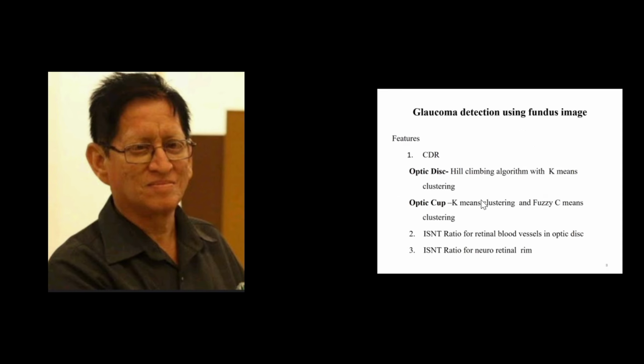For the optic cup, we use three types of algorithm: K-mean clustering and fuzzy C-mean clustering. The ISNT ratio is determined for retinal blood vessels, the optic disc, and the retinal neuroretinal rim. These are the features we now discuss.